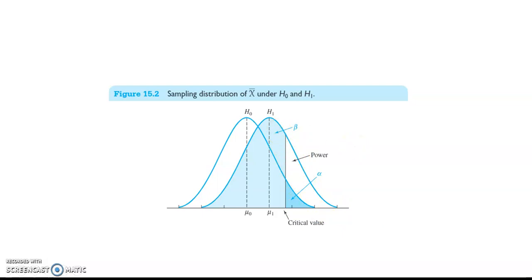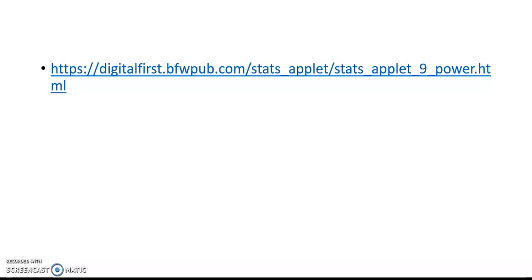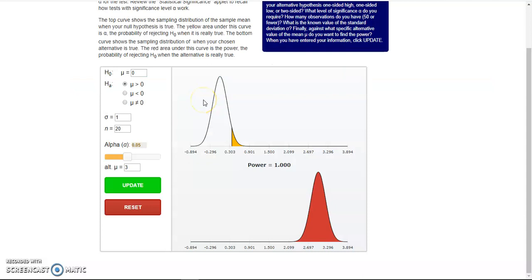So we're going to talk specifically about alpha level, sample size, sigma, and the difference between mu1 and mu0. Now, I've got a little applet here that I'm going to see if I can pull up. Oh, perfect, it worked.